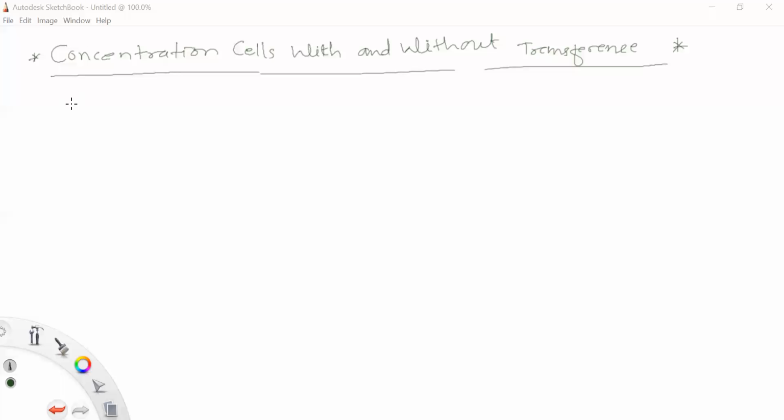For example, the cell is platinum, hydrogen gas, denoted by G, at pressure P, connected with HCl, and the second electrode, that is AgCl solid, Ag. So this is the cell representation for the chemical cell.